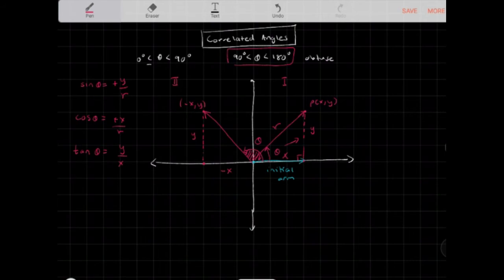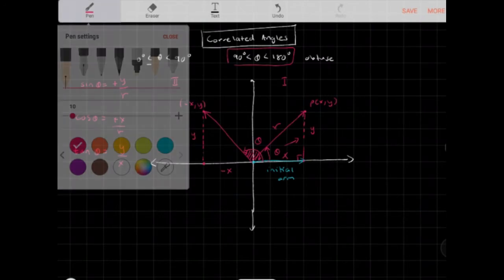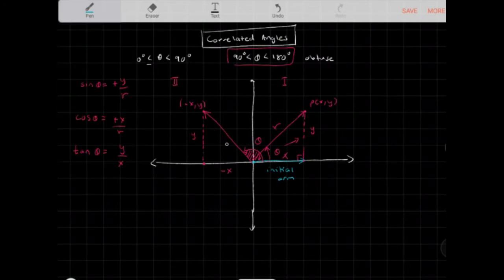However, we don't have these well-known particular ratios for these obtuse angles. What we could do, however, is relate it to an acute angle, and this related acute angle, I'm going to call this beta, can be found here. So I'm going to use beta as my related acute angle, and we can use this related acute angle to make inferences about the obtuse angle, theta.